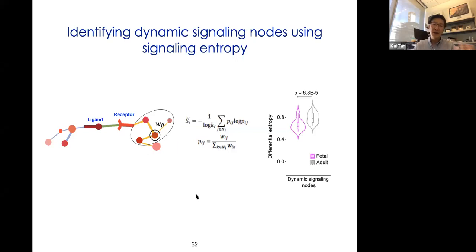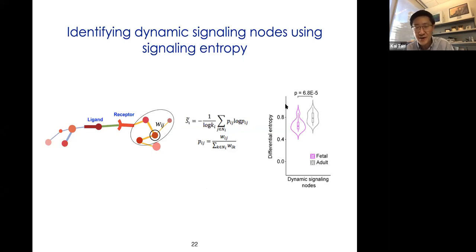Another way to say it, it's the likelihood of this gene to rewire in a different tissue. So we compute this signaling entropy for all genes in our predicted pathways in both fetal and adult organs.